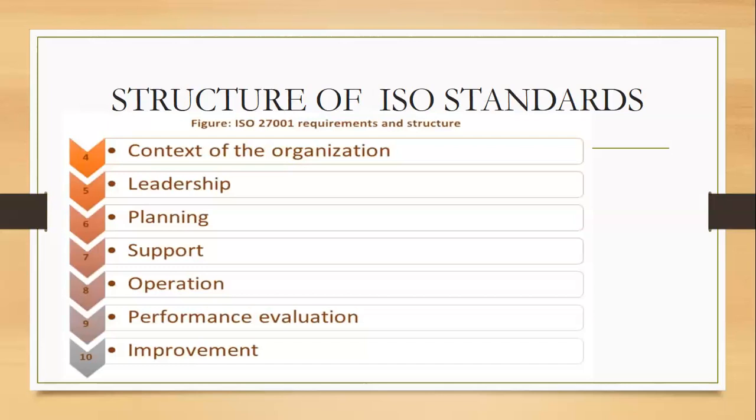Clause 6, planning. Incidentally, clause 6 is more risk assessments. So you want to check that they have a risk assessment, a risk management process. You want to check whether they have a risk register. If it is 27001, you need to also have the statement of applicability under your clause 6.1. Clause 6.2 is talking about the objectives, either ISMS objectives, BCMS objectives, and so on, and the plan to achieve them.